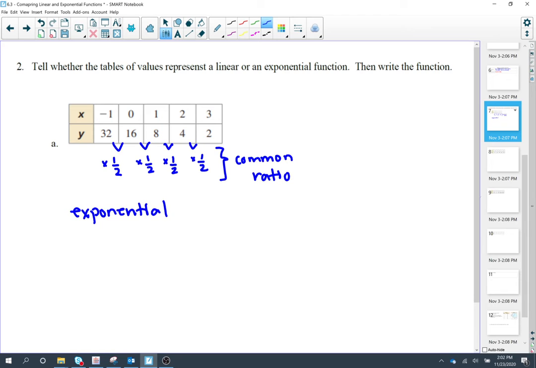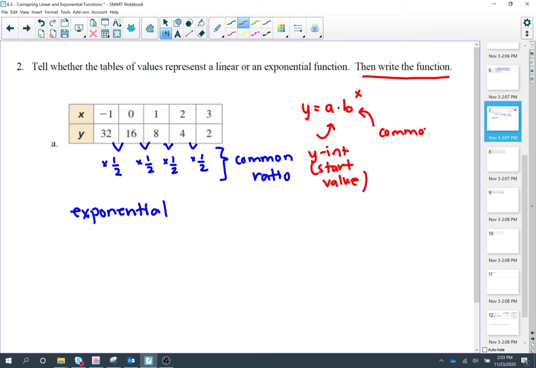Now, once we know it's exponential, it tells us to write the function. An exponential function is y equals a times b to the power of x. Remember that a is essentially your y-intercept or your start value, like where the function starts out, versus b, which is your common ratio. And then x and y, x is your input, y is your output, but we're going to leave those as variables.